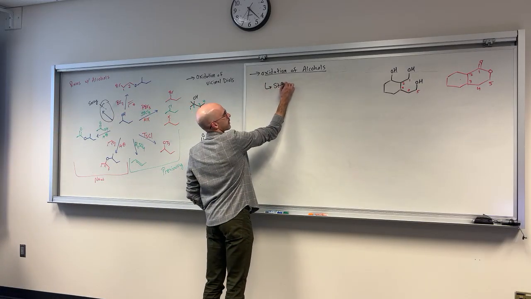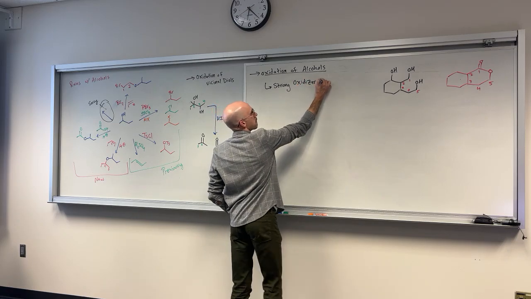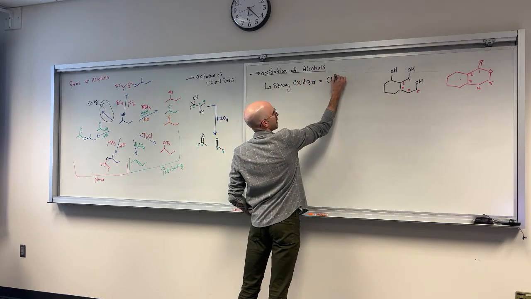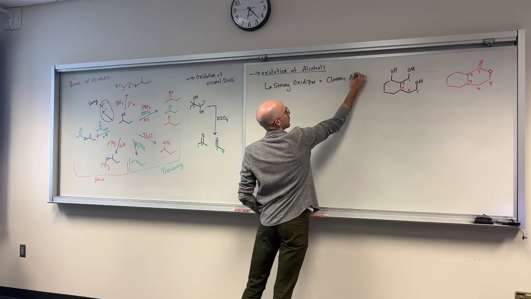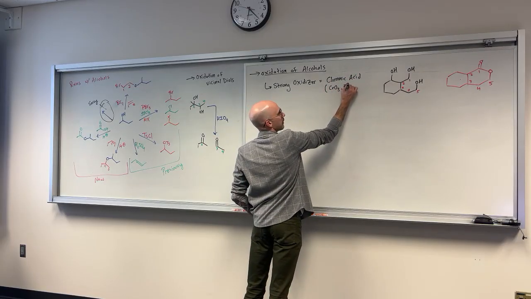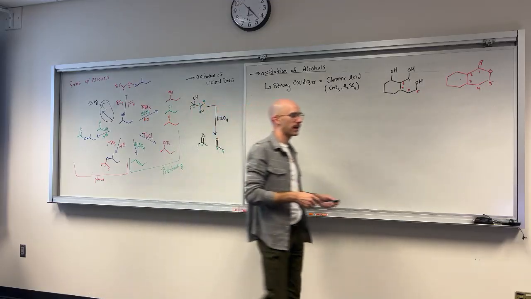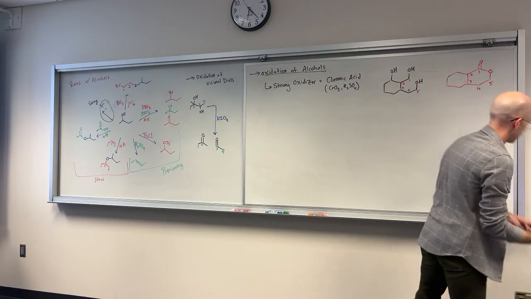Our strong oxidizer is chromic acid. And we're going to write chromic acid as CrO3, H2SO4. What have we used chromic acid for already?